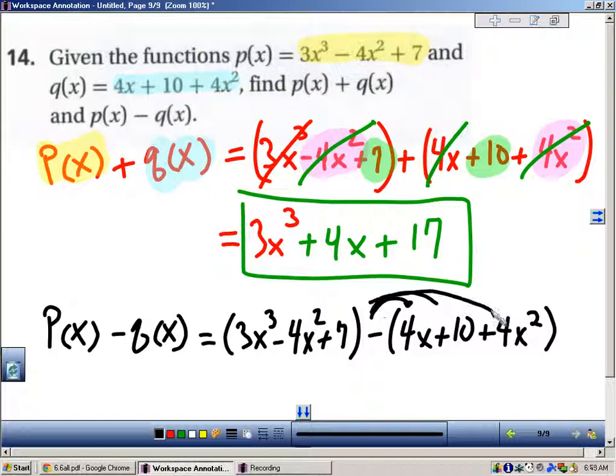Okay, and we know that that's going to give us, okay, so I'll bring this down here. This changes it to plus, right? We talked about that. This now is an addition sign. This is now negative 4x minus 10 minus 4x to the second power.